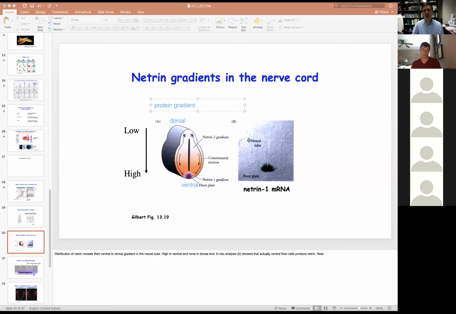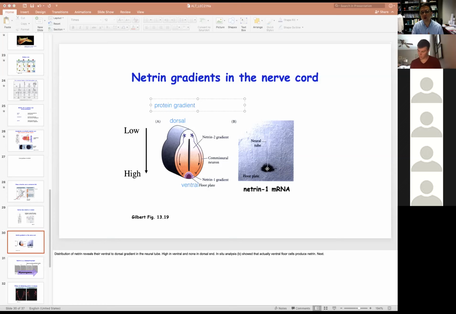And then in panel B they looked for the mRNA of netrin. So what cells are producing this netrin? They were able to identify that netrin is produced from the cells in the ventral midline, or floor plate cells.